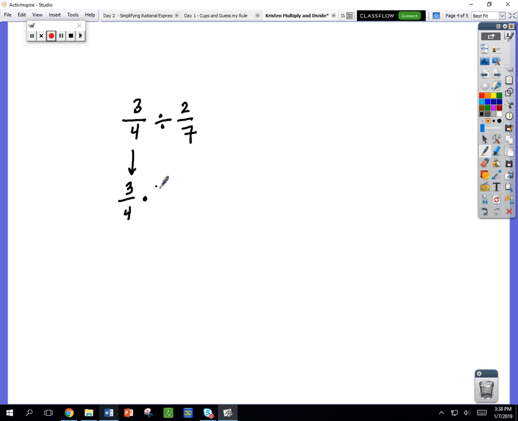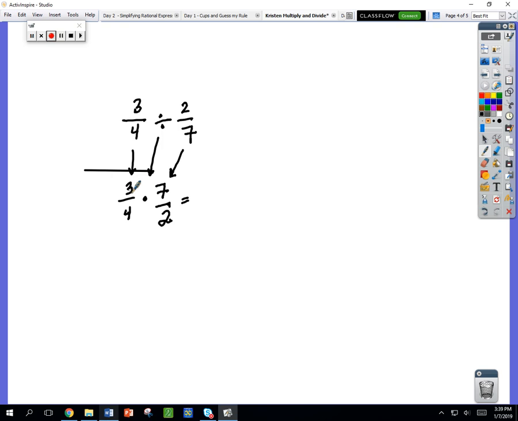So you change this to multiplication and flip this one around, and then you multiply. So when you divide fractions, this turns into multiplication and you multiply by the reciprocal. So you flip this around. So same, switch, flip.